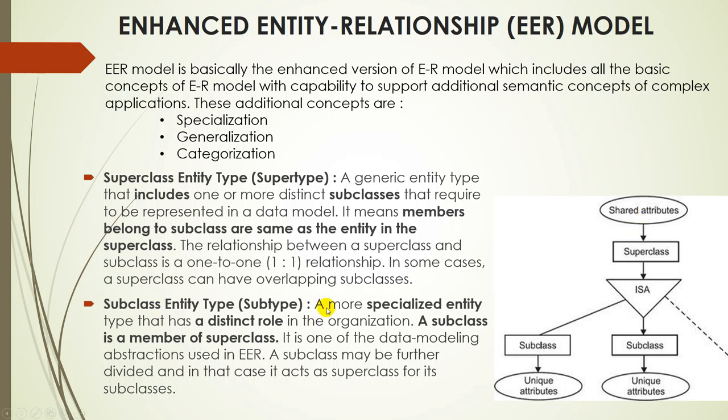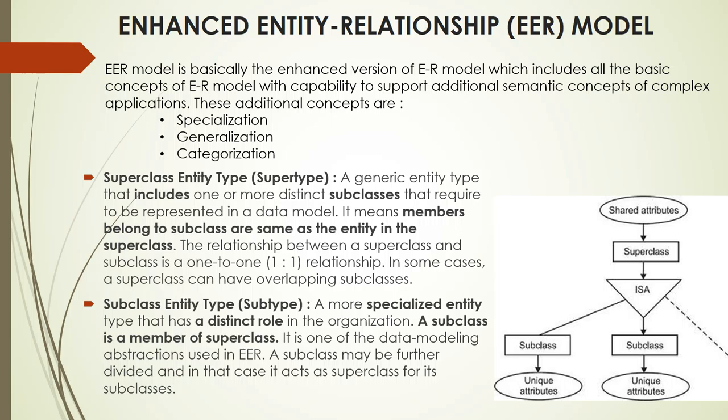Subclass entity, a more specialized entity. Here is a more specialized entity that has a distinct role in the organization. A subclass is a member of a superclass. It is one of the data modeling abstractions used in EER.